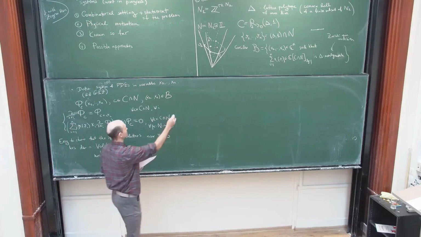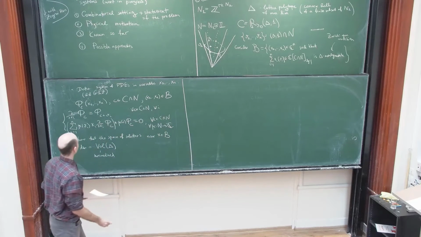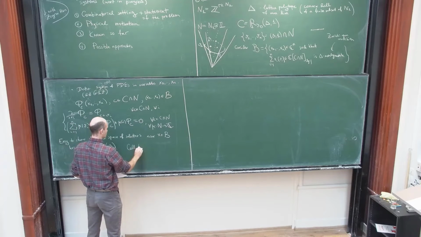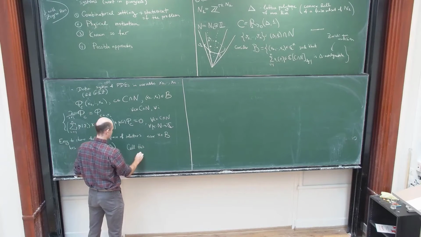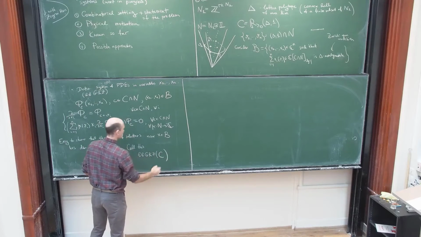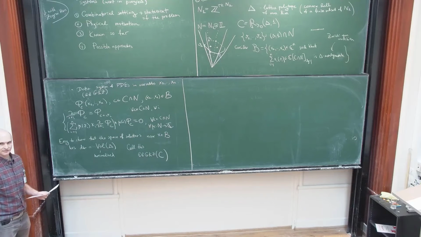Okay, so there is one system, so we will call this BBGKZ of C. And you can do a similar thing, replacing C by its interior.